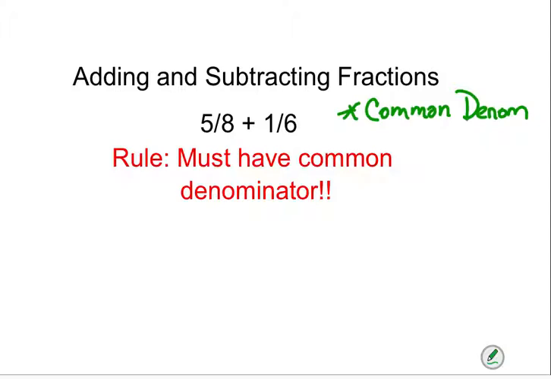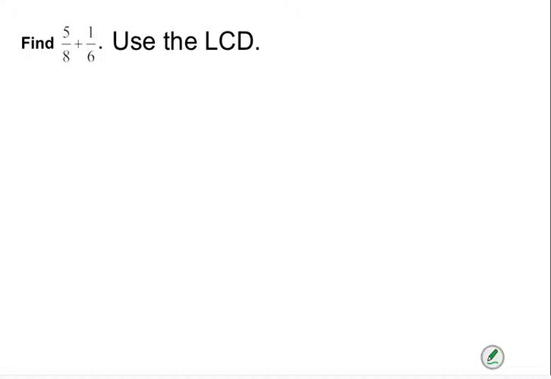If you're adding fractions, you gotta have a common denominator. Now, let's talk about what we call the least common denominator. The least common denominator, the LCD, equals the least common multiple.